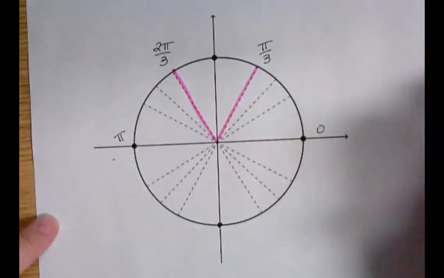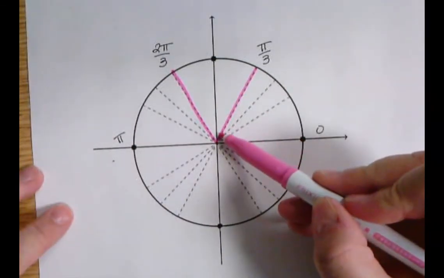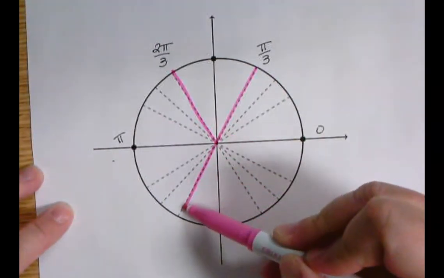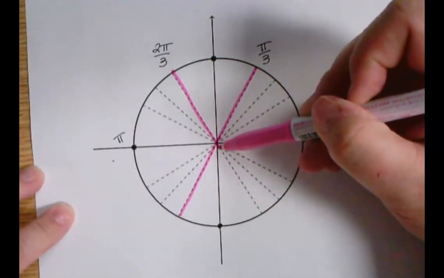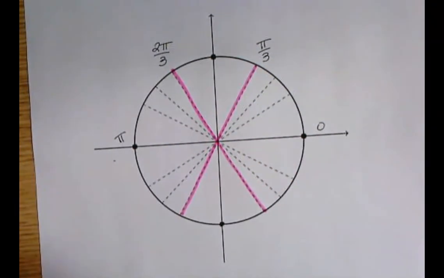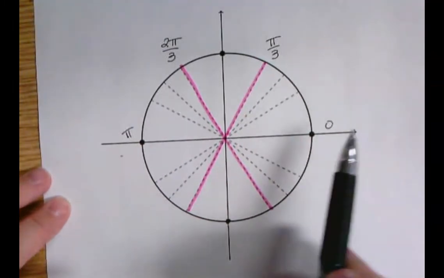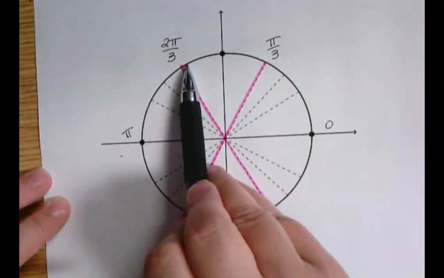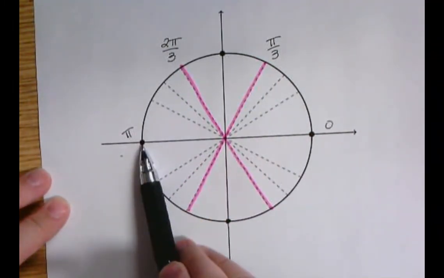Here's pi. If I follow those lines through the origin, and I'm cutting the bottom part of the circle into 3 pieces as well, 1, 2, 3, we still have thirds. So 1/3, 2/3, 3/3 is the same as 1.